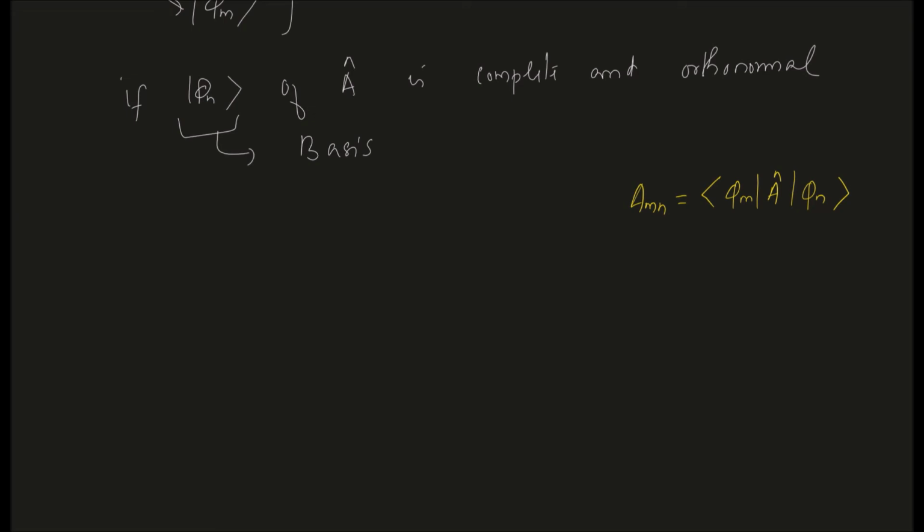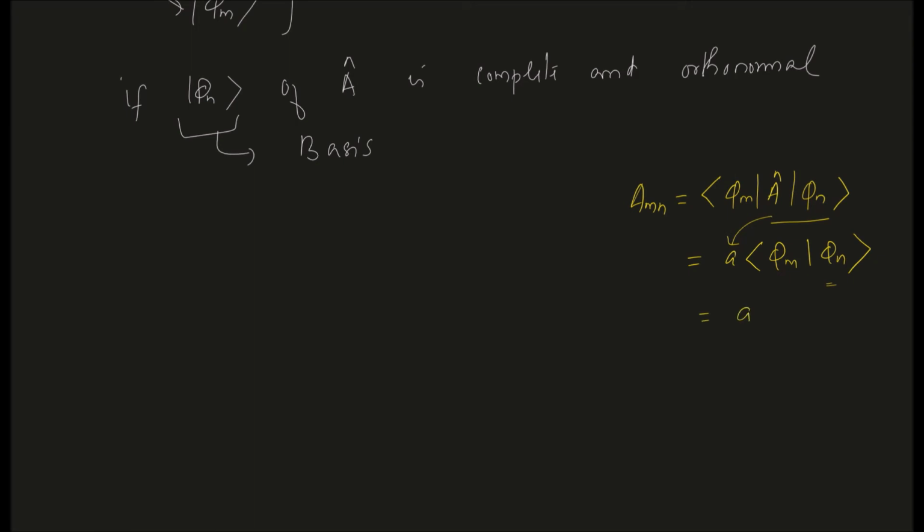Now, if phi n is an eigenvector of the operator A, this can be written as a_n <phi m|phi n>, because A acting on phi n will give you the eigenvalue times the same eigenvector.